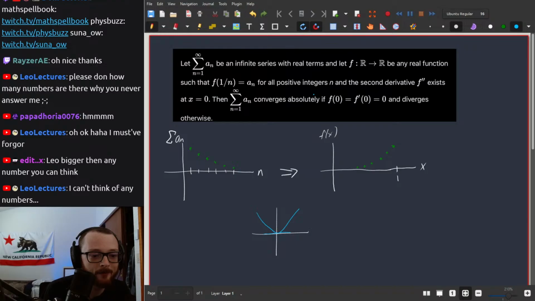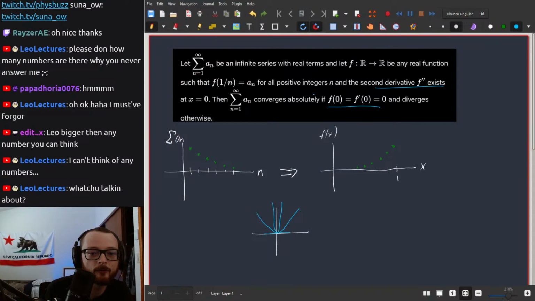So would infinite concavity be really narrow, I guess? Okay, wait, let's name a function. Can we name an example of a function that meets these requirements and the second derivative does not exist?